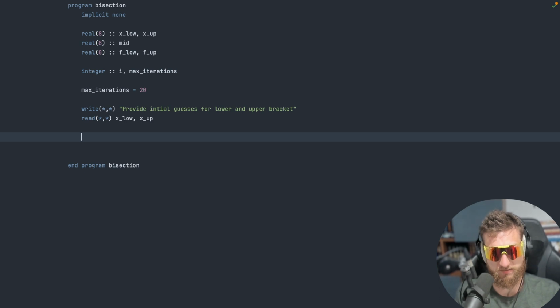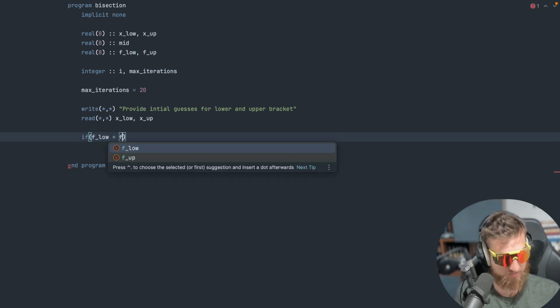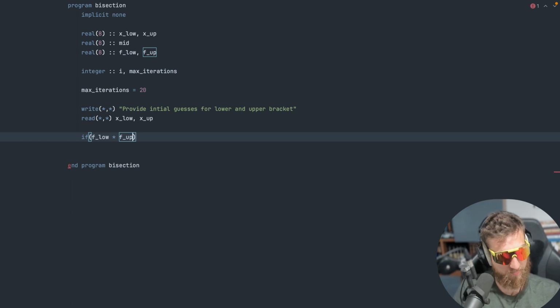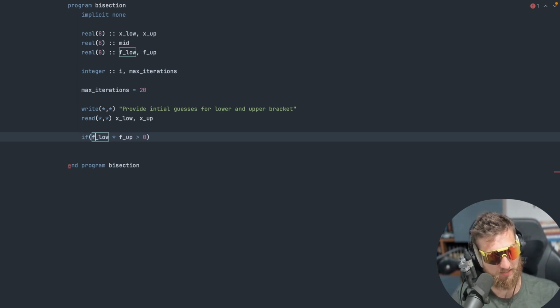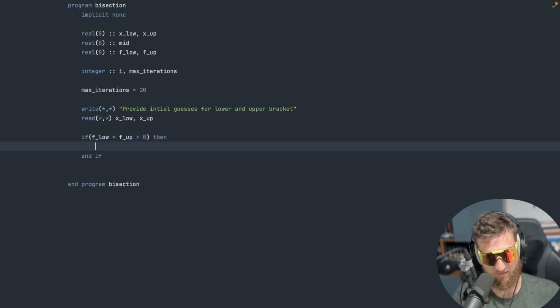Now we basically want to do an if statement. If f low times f up, so we multiply them together, is greater than 0, that means they're the same sign, because they're either both negative, which gives a value greater than 0, or both positive, which also gives a value greater than 0. So if they're the same sign, then we need to exit.